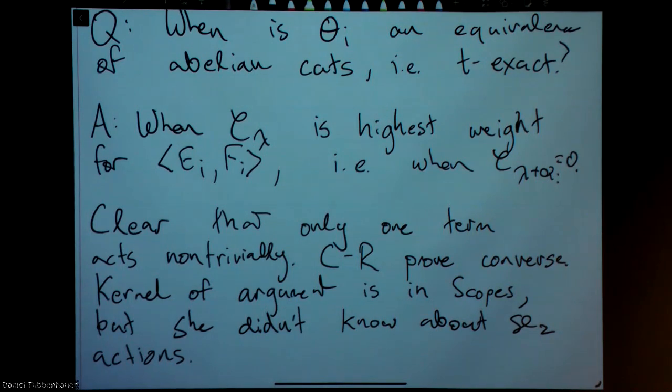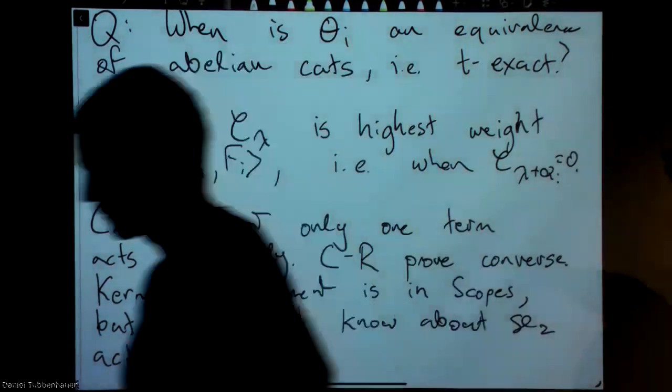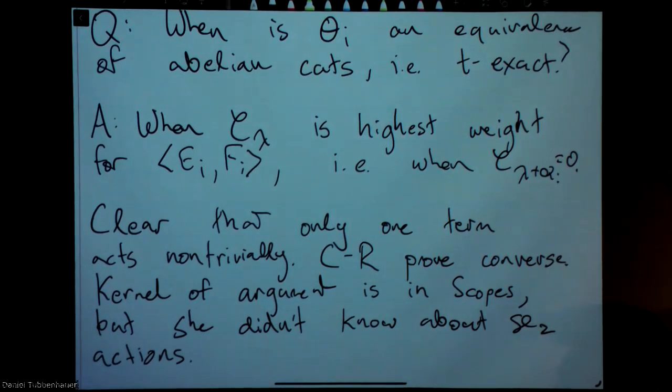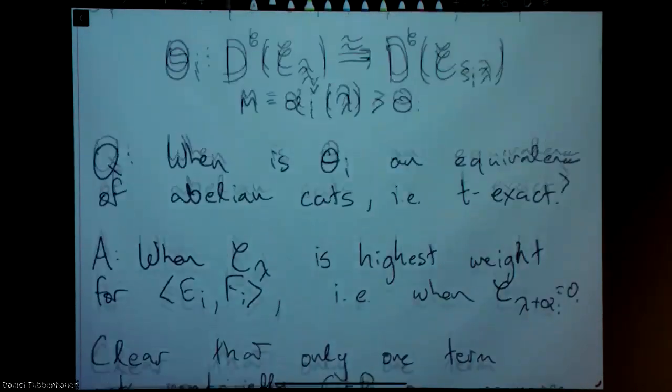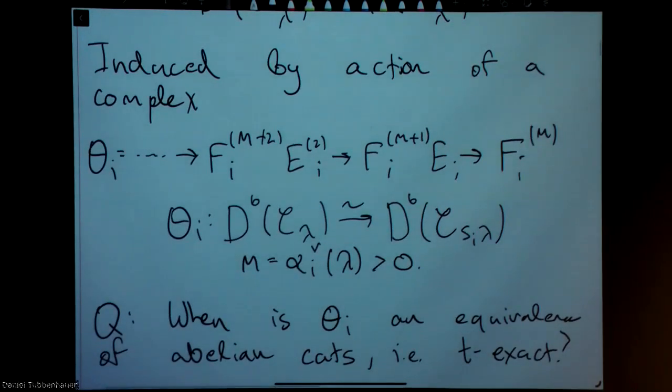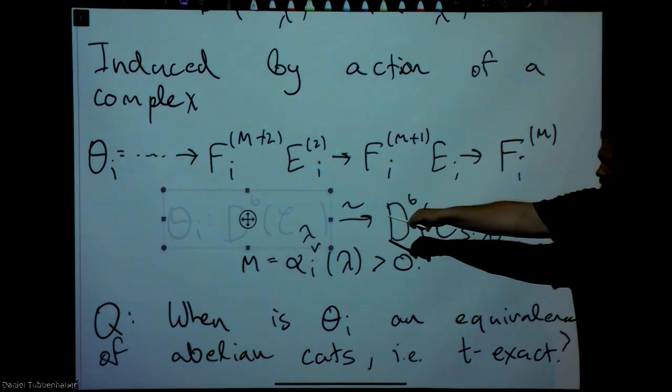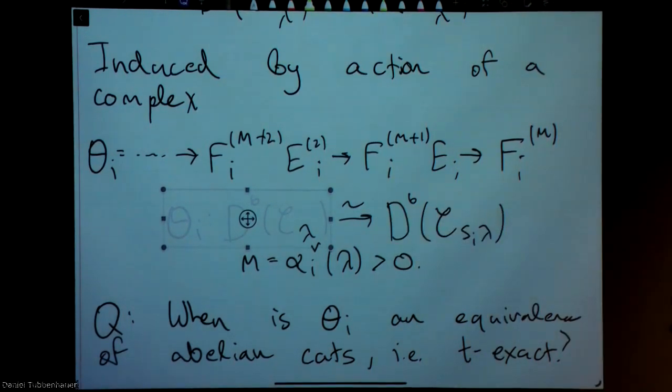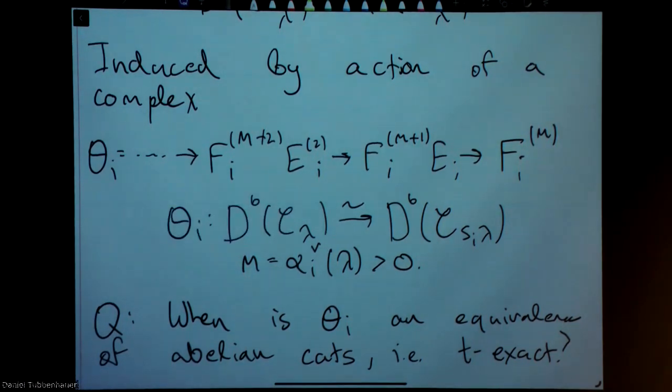All right. So why is this the case? Question: when is theta_i an equivalence of abelian categories? Answer: when this category that I'm starting with is highest weight, which corresponds to a weight space where every vector is highest weight for the corresponding sl_2 action.